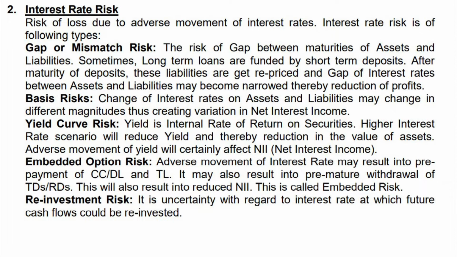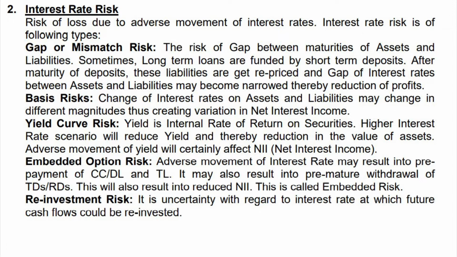Let us suppose we are giving loans at a cheaper rate, but for FDs we are giving more interest. Then it is an interest rate risk. The gap between the interest rate of FDs and the interest rate of loans is called gap risk or mismatch risk. This will lead to interest rate risk.